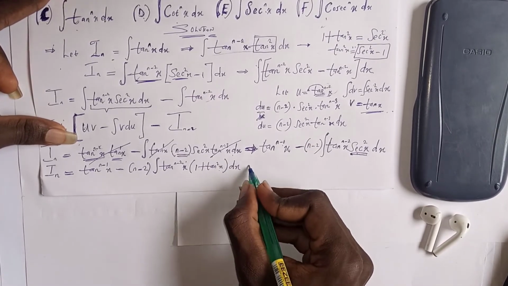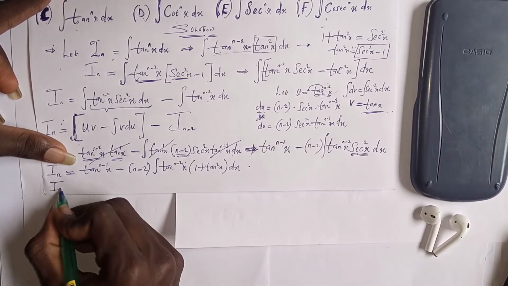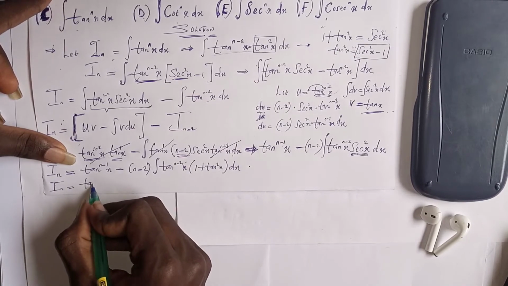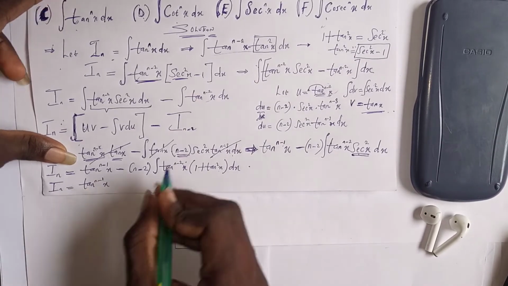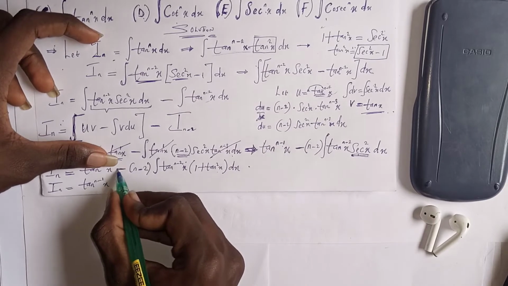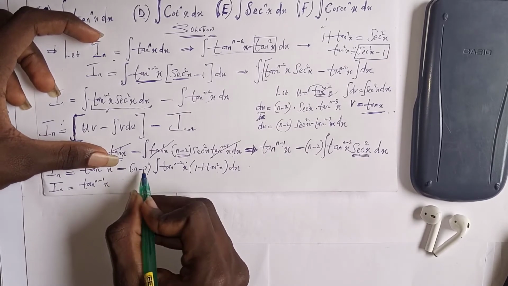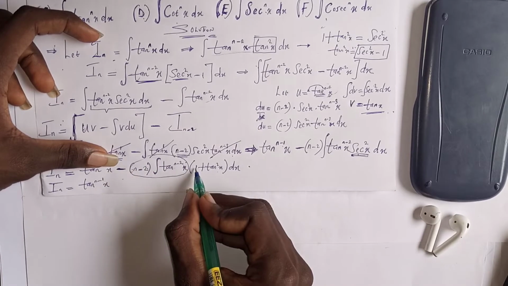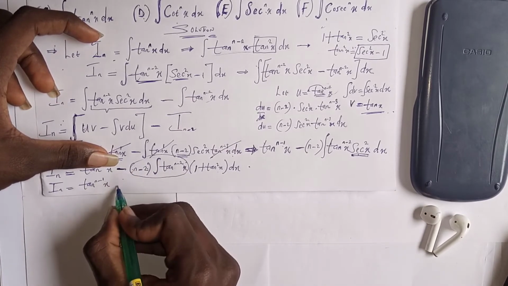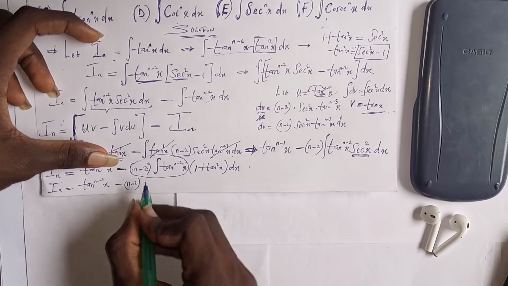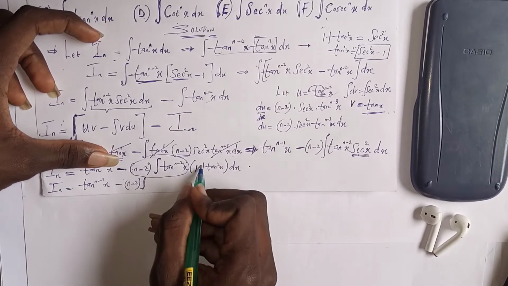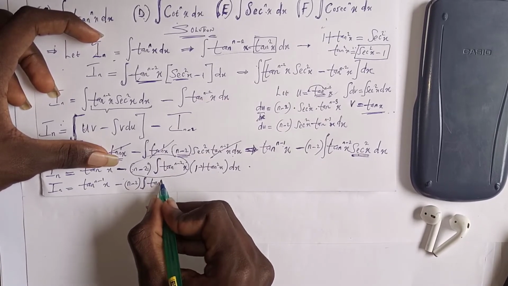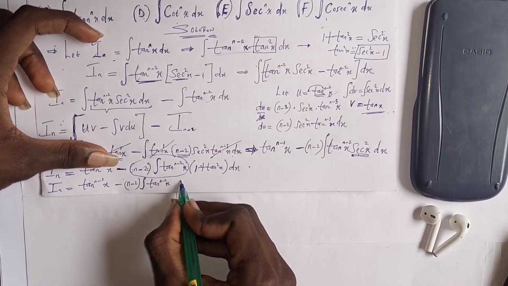So if I open up the bracket, I n will be equal to tan of n minus 1 of x, so I'm trying to open it straight up once and for all, minus n minus 2 integral of this, the whole of this expression here is multiplying 1, so that will give us minus n minus 2 integral of this times 1 will still give us tan n minus 2 of x.